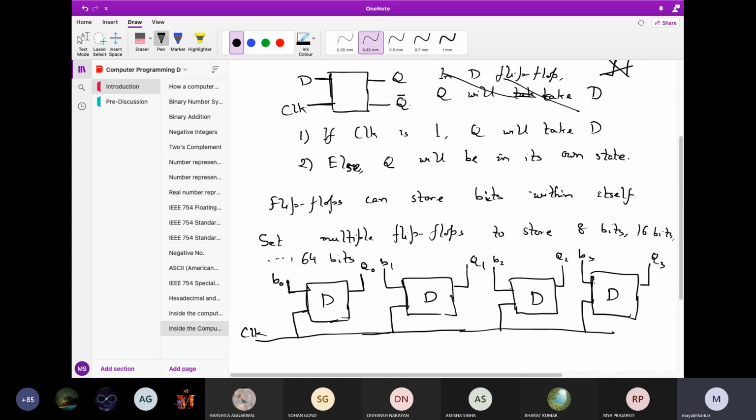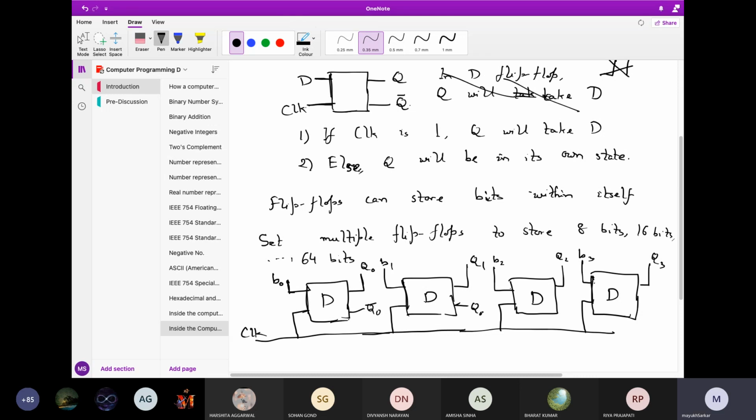Anyway, suppose you want to store this 4-bit data into the register. Whenever the clock becomes 1, you have already fed the data into B0, B1, B2, B3. They are already on the line. Whenever the clock becomes 1, this register will store your data. There are Q0 lines via this, but we always ignore these.